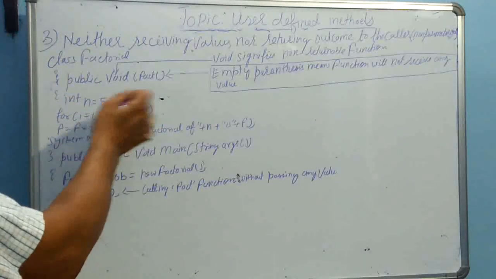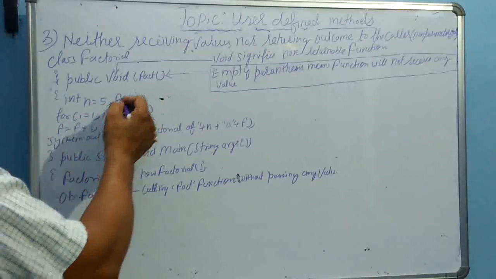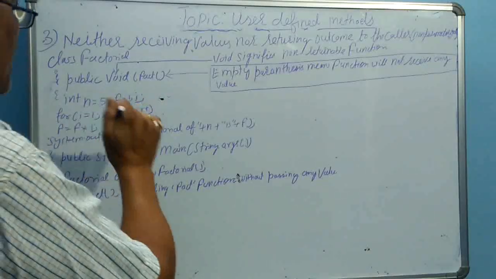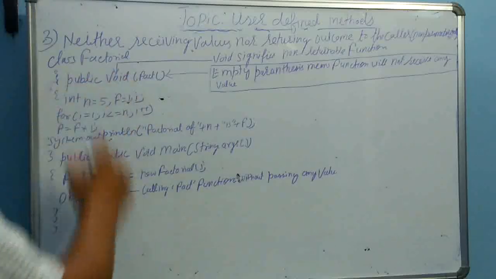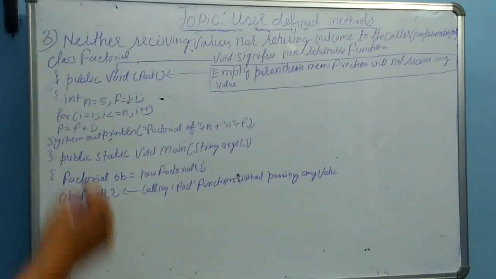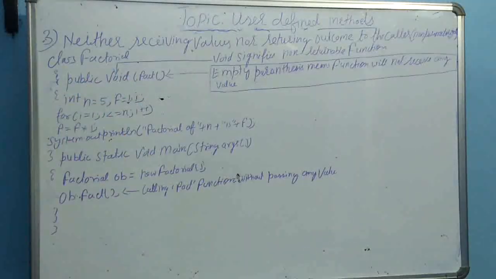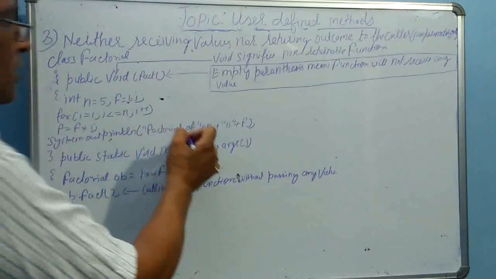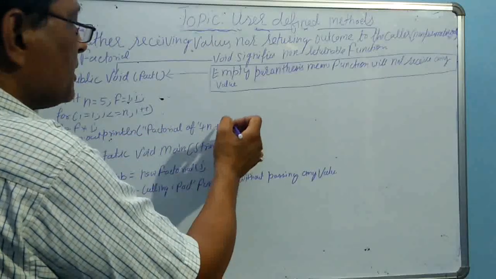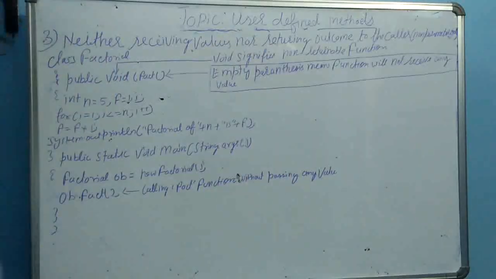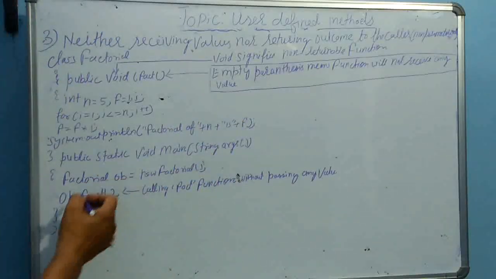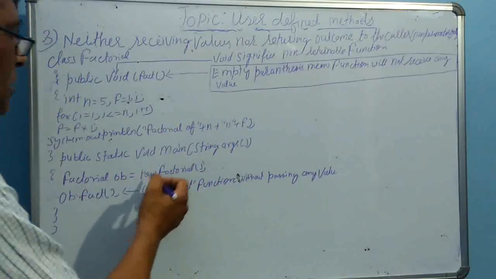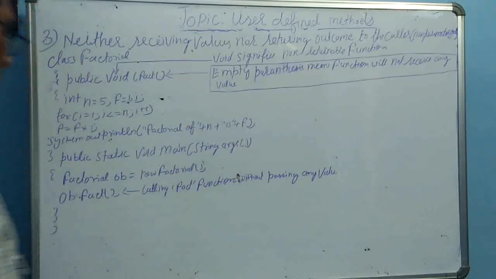Now integer same 5 and f factorial. If 1 and i we have defined by the user as integer type of data, then the same one loop we are using here. Now here System.out.print factorial of n is f, and public static void main String args function, then Factorial ob is equal to new Factorial.